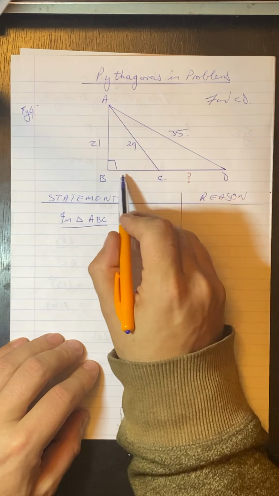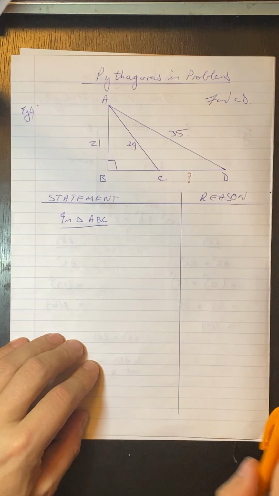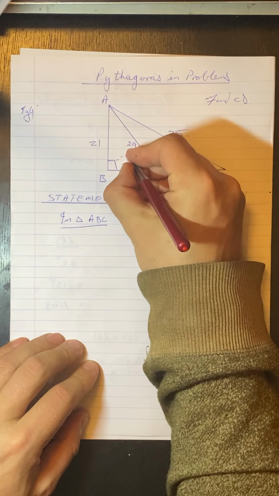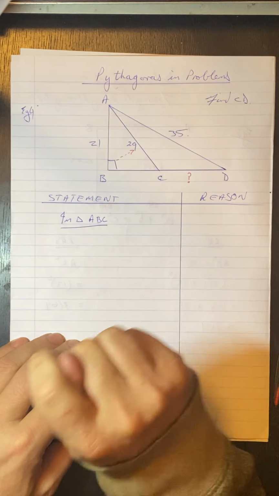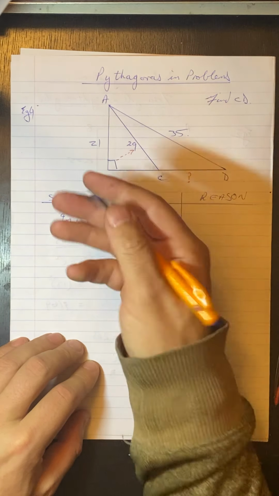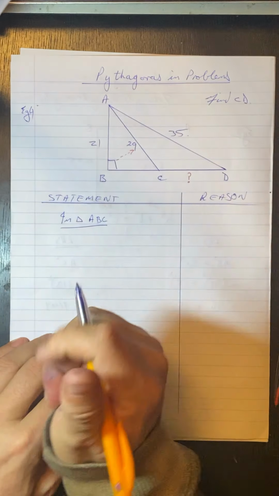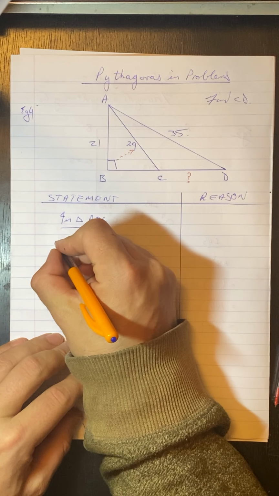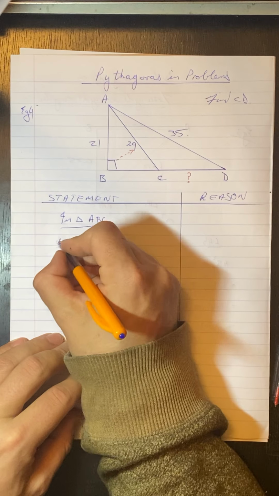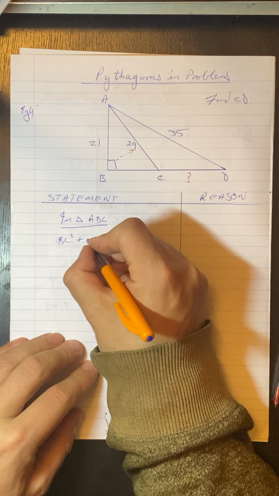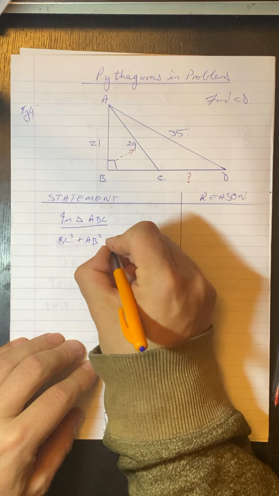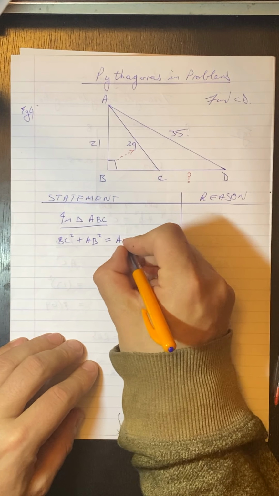We know that we have the hypotenuse. Remember that this is your hypotenuse. It's opposite the 90. And we want to find out the side over here. So we're going to use the finding the side form of the Pythagoras theorem. So this is BC squared plus BA or AB squared equals AC squared.